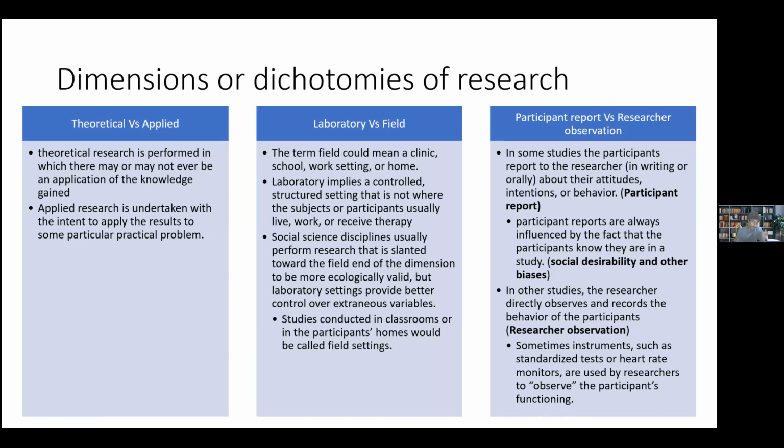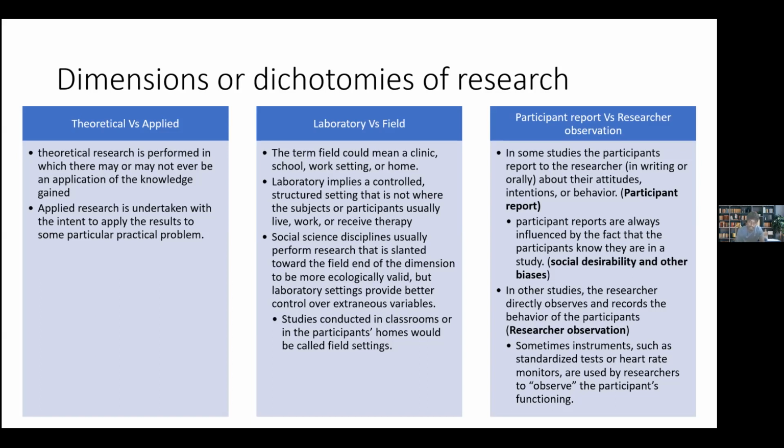They themselves are responding, so that is called self-report or participant report. They report, either in writing or orally, about their attitudes, their behaviors, how they feel, and even their own personality. So this is participant report.